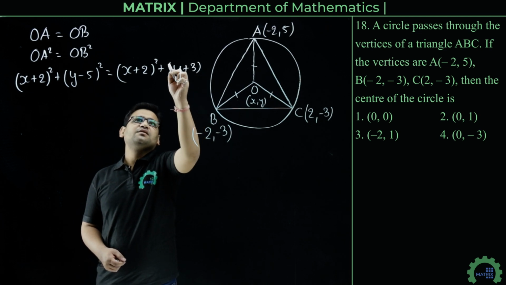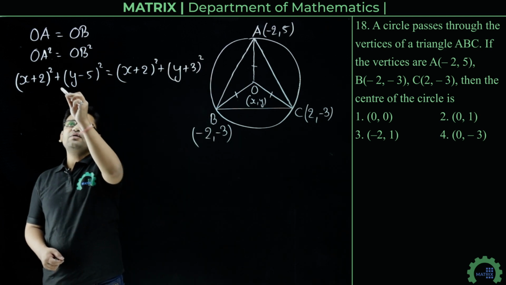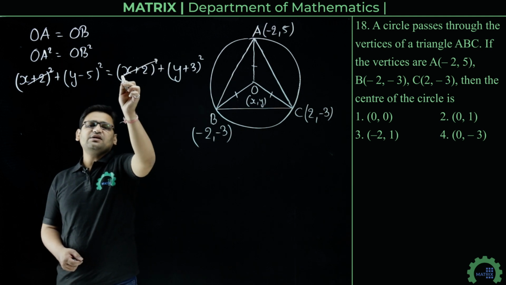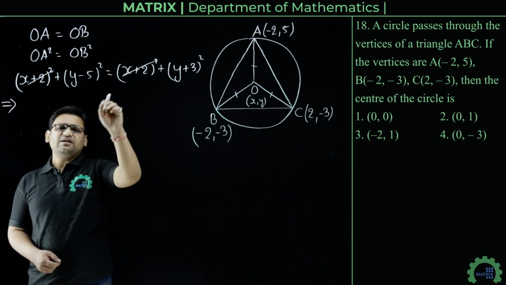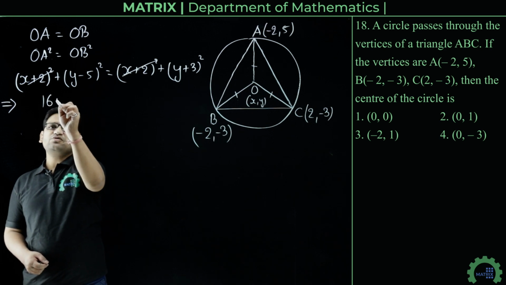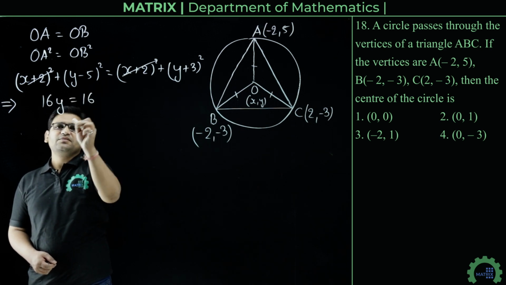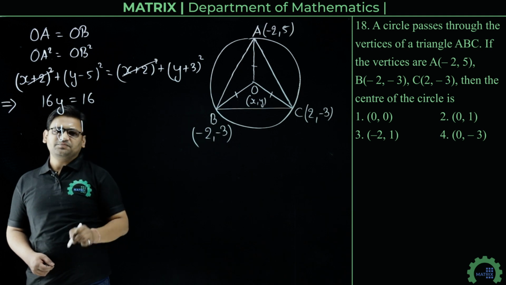Now here (x plus 2) square cancel out each other, and on solving, we get 16y equals 16, that is y equals 1.